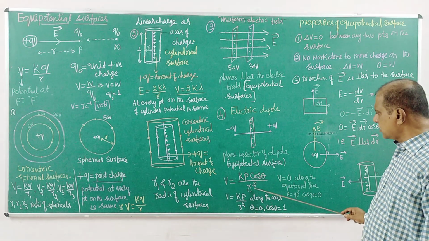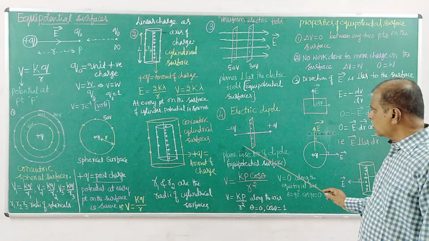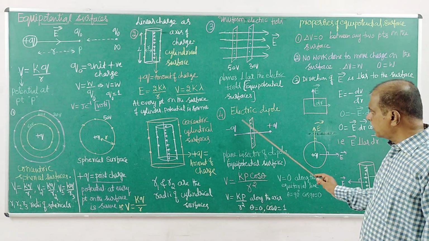So Kp cos theta by r square is the potential at any point around this dipole.